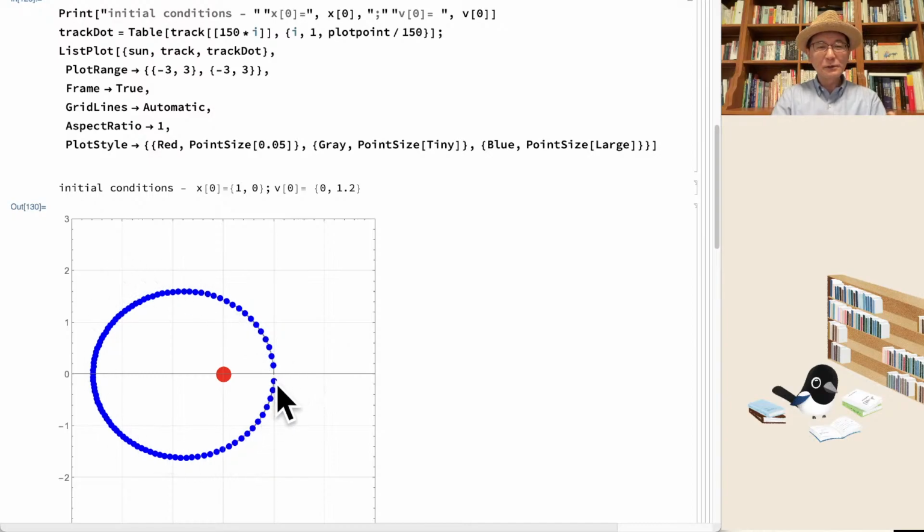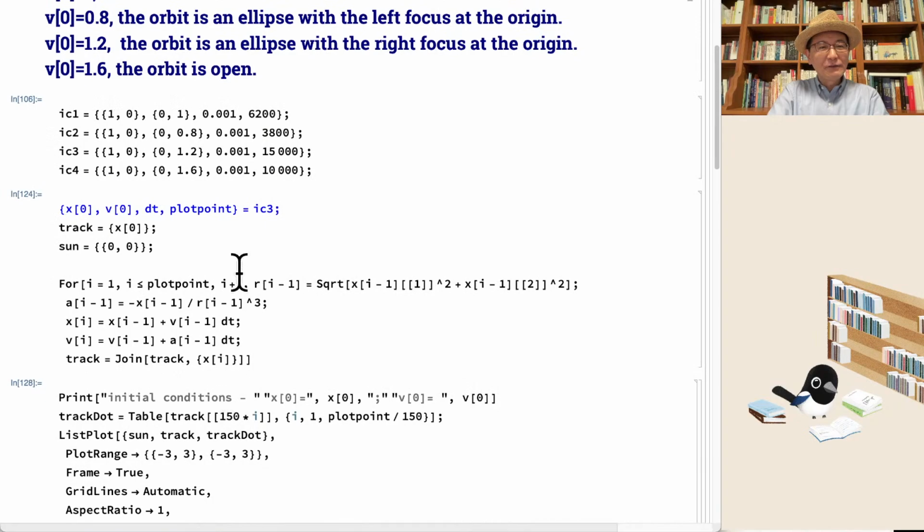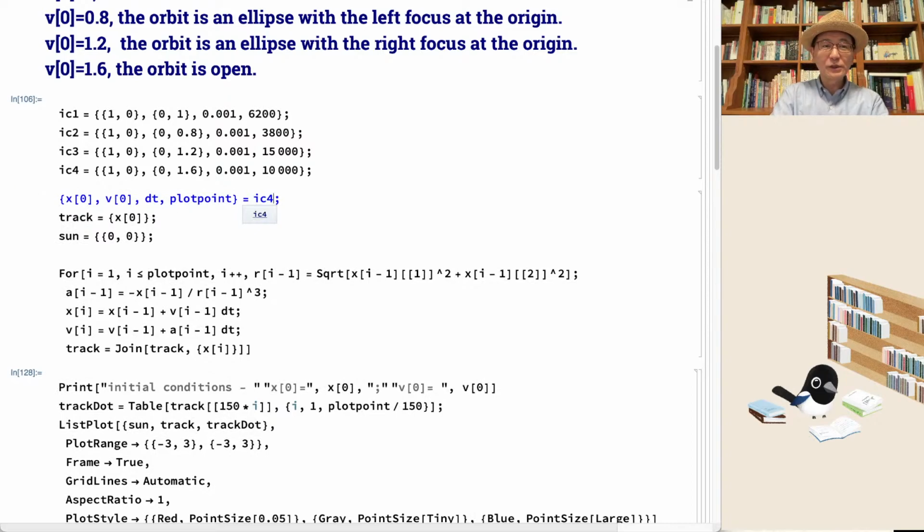You found that when deviating from the circular orbit, for a weaker bounded orbit like this, the Sun is located on the right focus of the elliptical orbit. That's cute, isn't it?